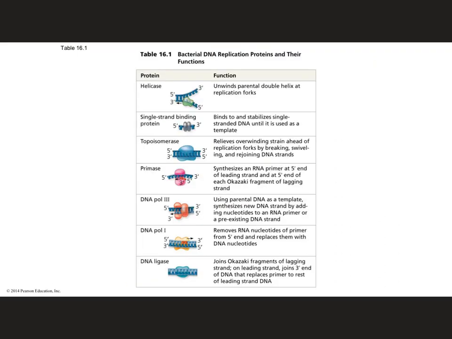This table is a nice summary of all the enzymes that we went over that are involved in the replication of DNA. Once DNA replication is finished, you will have 2 new strands of double helix DNA, each one containing 1 parent strand that was used as the template, and then each one containing a new strand that was made off of the template.